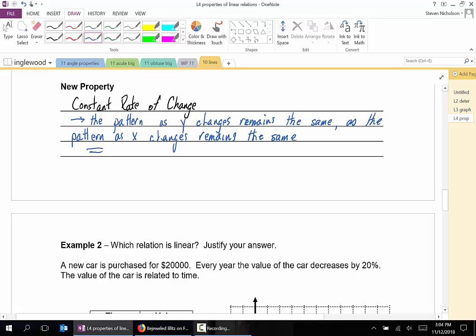And when you do that, what you get is a linear relationship.